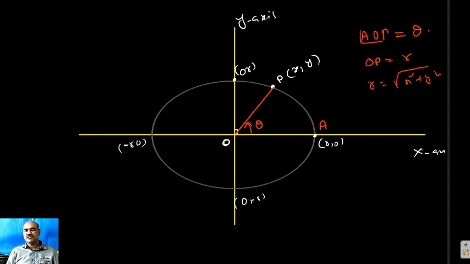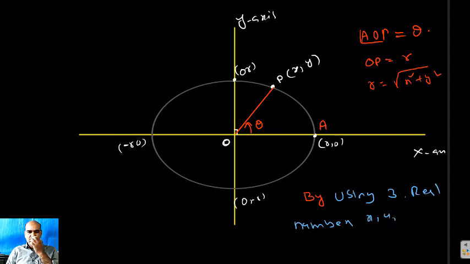Okay students, by using three real numbers x, y and r, 6 trigonometrical ratios are defined. T ratios are defined, or T functions are defined.